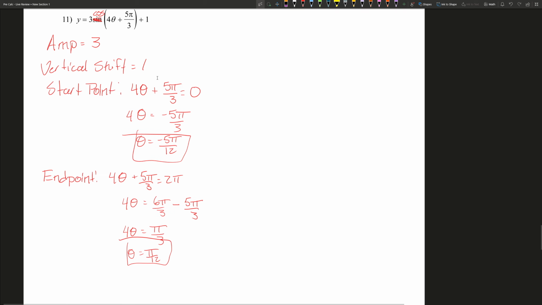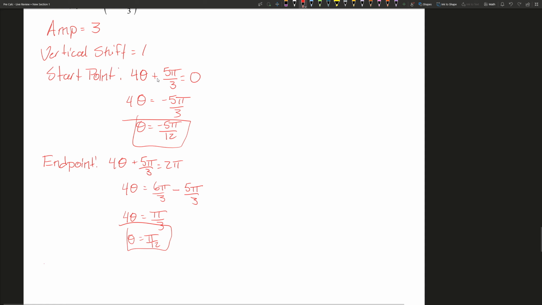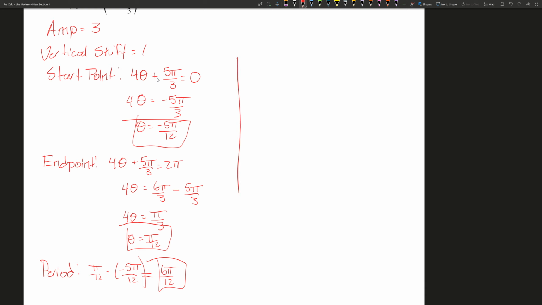And then we find the period. And then once we have all that info, we can start to graph it.